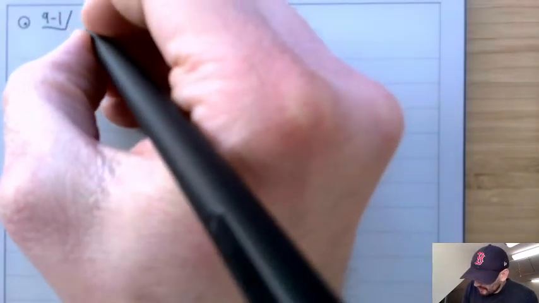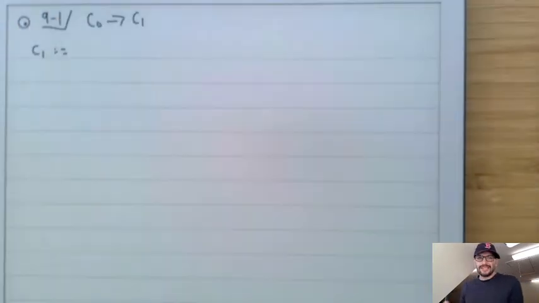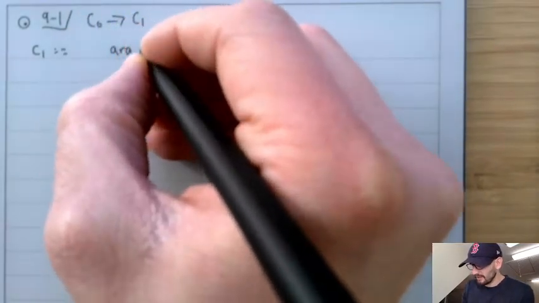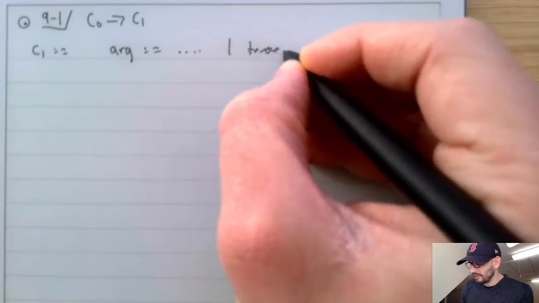So first we're going to go from C0 to the C1 language. And C1 is going to be just like C0, except it's going to have a few things that are different. The set of arguments are going to be bigger. Arguments are going to include true and false.